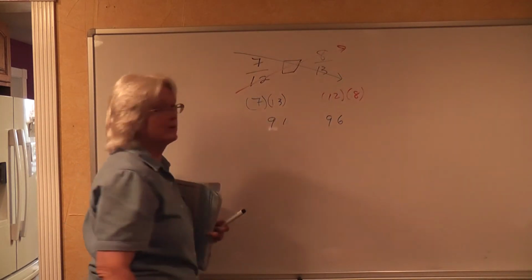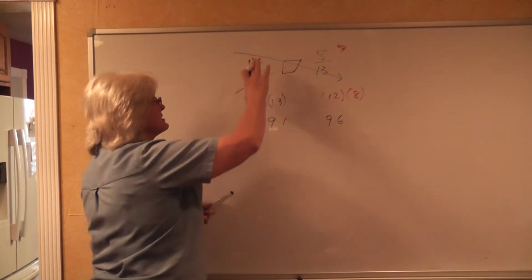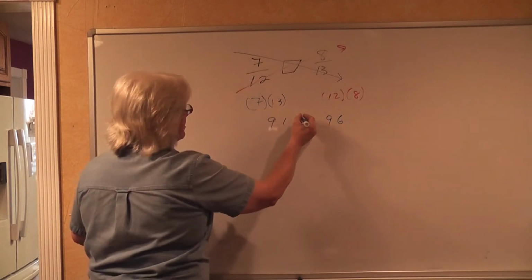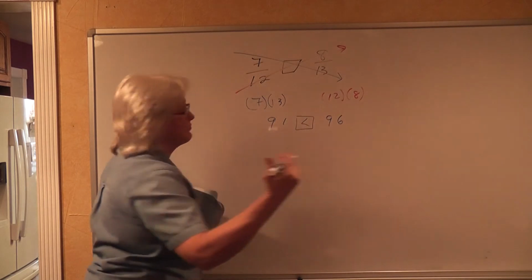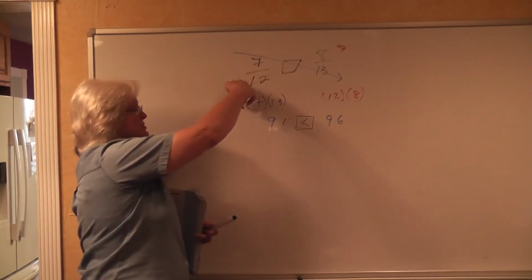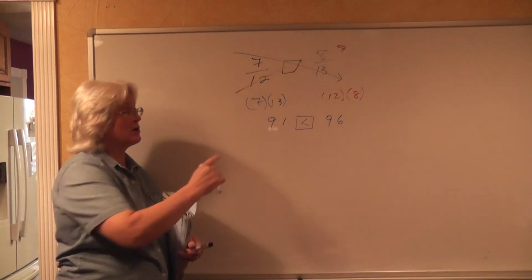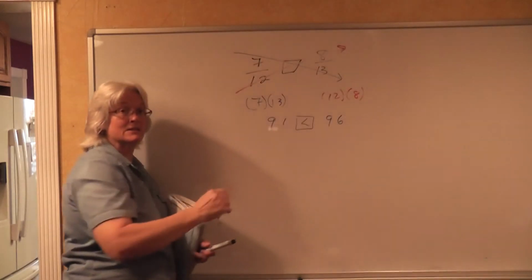Now we have the cross products relate to one another in the same way that the fractions relate. If the cross products are less, the fractions relate in that same way. So 7/12 is less than 8/13 because the cross products relate. 91 is less than 96.